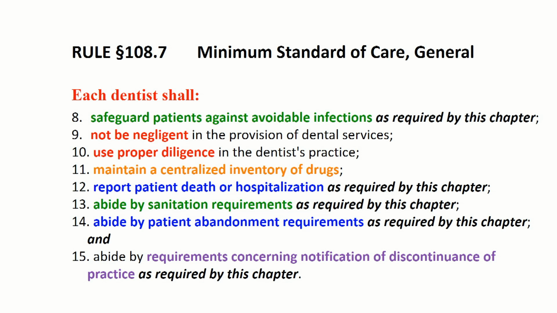And that objective perspective leaves a lot of room for potential enforcement and non-compliance, but at the same time, that's the law in the state of Texas under this Rule 108.7.